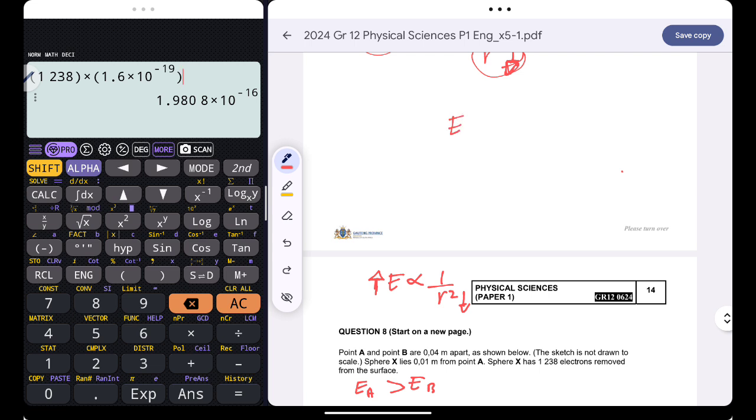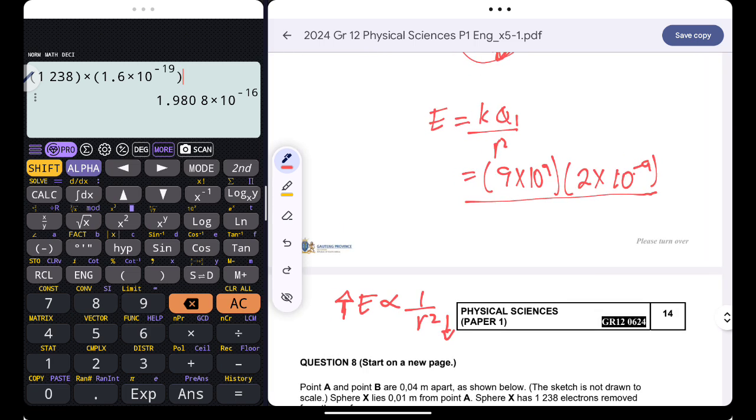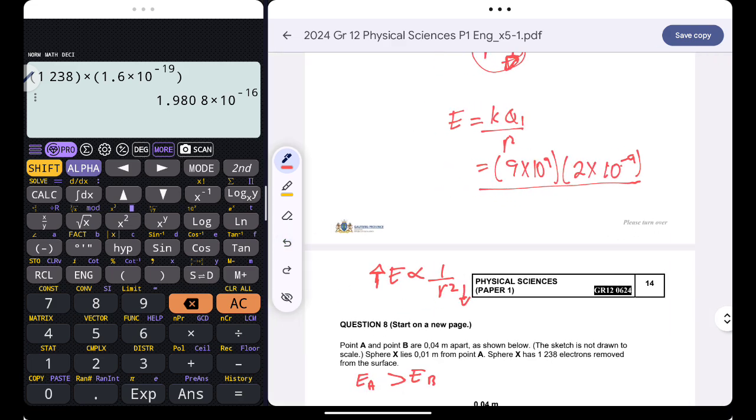I know that the electric field is basically equal to kQ over r squared. K, guys, is just Coulomb's constant. It's given there in the constants table. It's 9 times 10 to the power 9. The amount of charge, we are told that it's -2 nanocoulombs. Whenever you are calculating your electric field or your electrostatic force, do not worry about substituting the polarity of your charges. It does not matter.